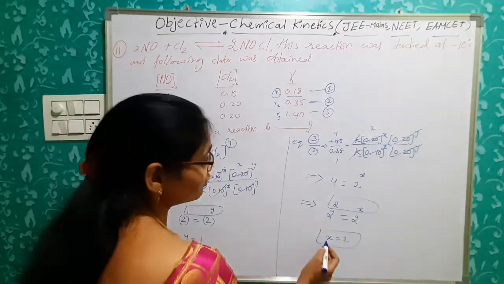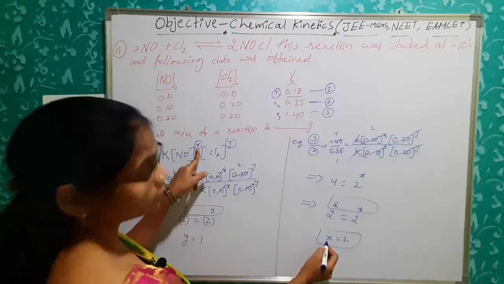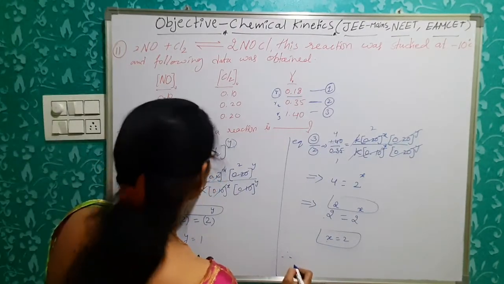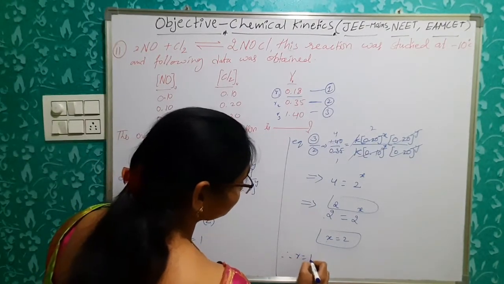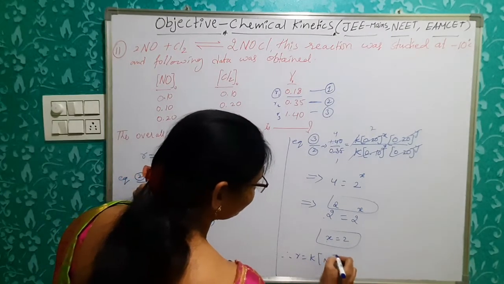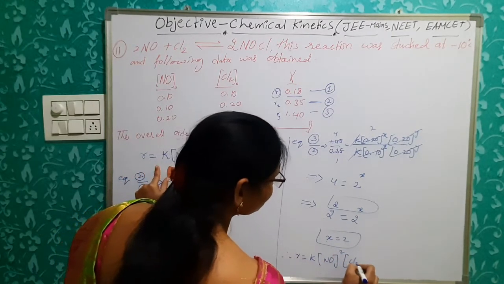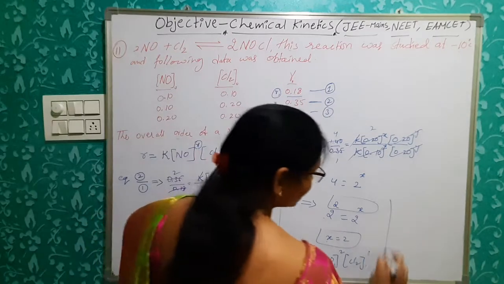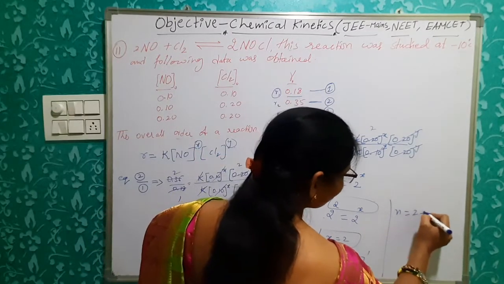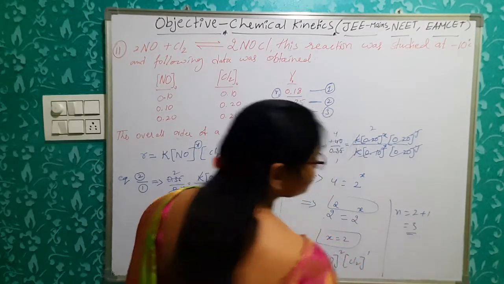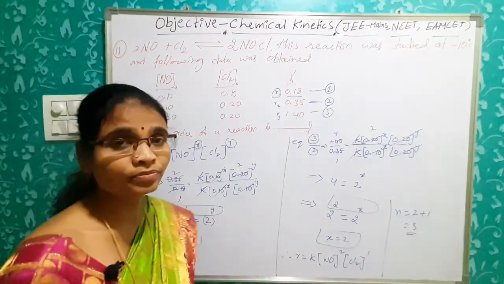Okay. So order with respect to X is 2. Therefore overall R is equals to K into concentration of NO power 2, concentration of Cl2 power 1. So what is the order of reaction? N is the sum of the powers of the concentration terms. So what is order? 3.